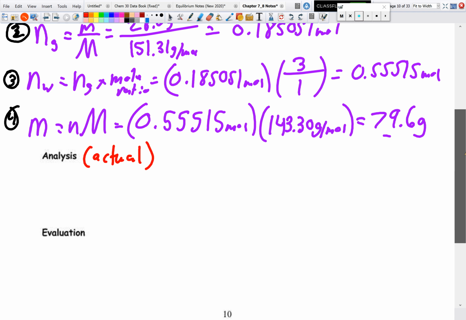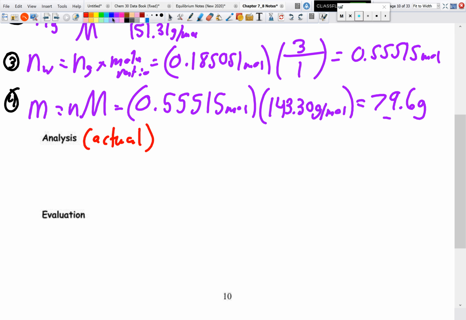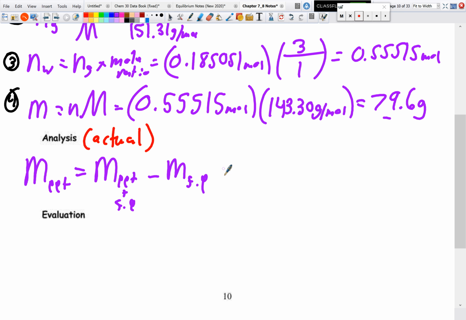So we do need to be... there is a formula, like there's not really a formula for this, but if we really want to, the mass of our precipitate, PPT, is equal to the mass of the precipitate plus the filter paper minus the mass of the filter paper, right?